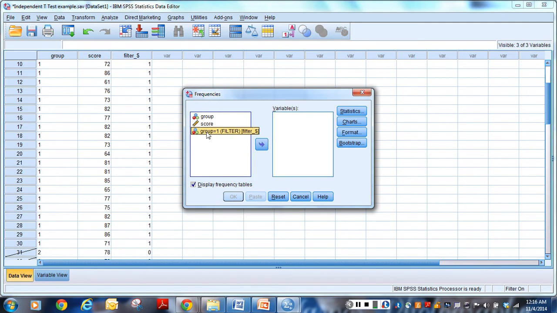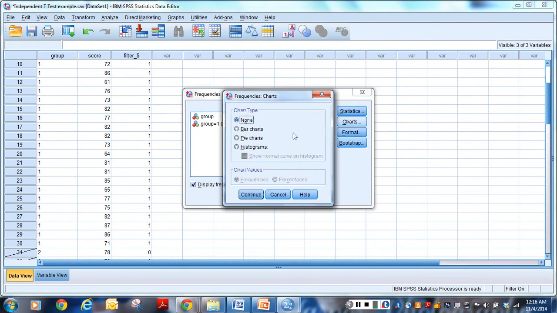I'm going to select this one, oh actually, I'm sorry, that's wrong, because group is a categorical variable. You cannot create a histogram with a categorical variable. You actually need score. We're going to click on score, but because only our control group is selected, it will only focus on the scores of the control group.